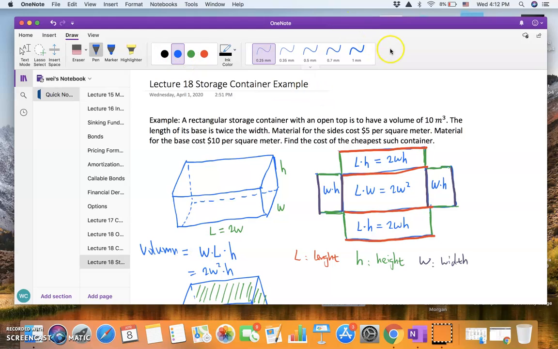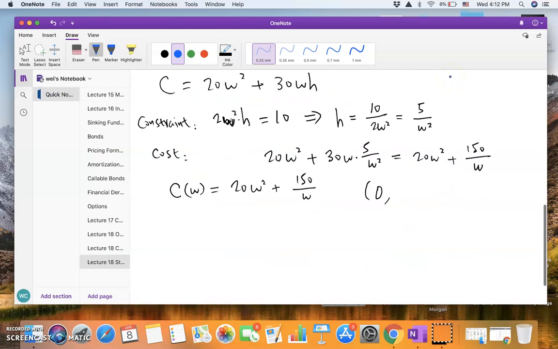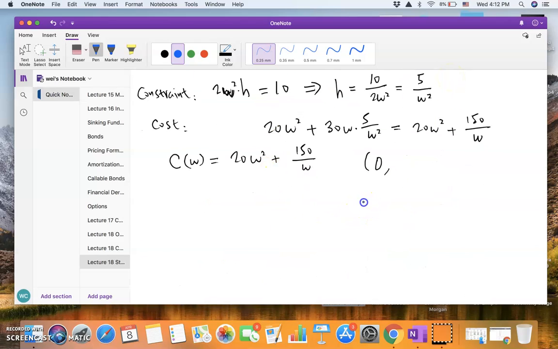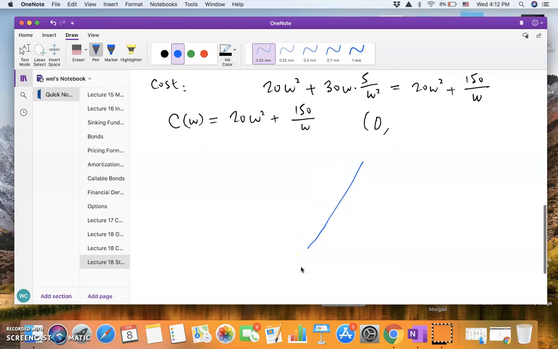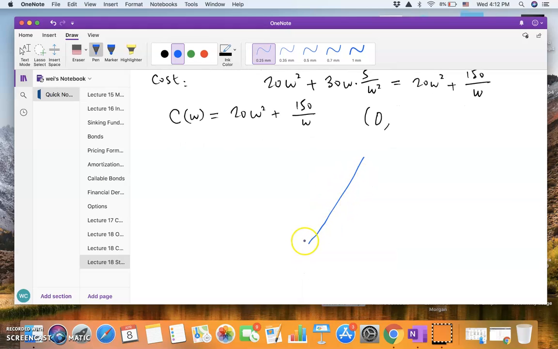So when w is very big, the box looks like this.